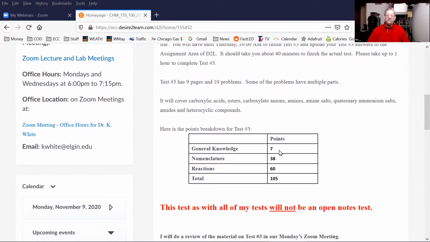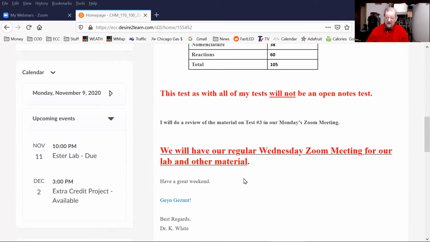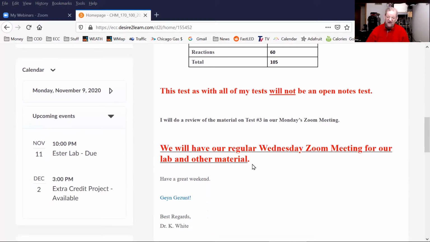Point breakdown: 7 points general knowledge, 30 points nomenclature, 60 points reactions. There'll be a couple synthesis problems under reactions, and it will have 5 bonus points. Remember, this is not an open note test, and you shouldn't look online or talk to anybody else. I'll be doing a review today in a couple of minutes, and we'll have our regular Zoom meeting with our lab on Wednesday.